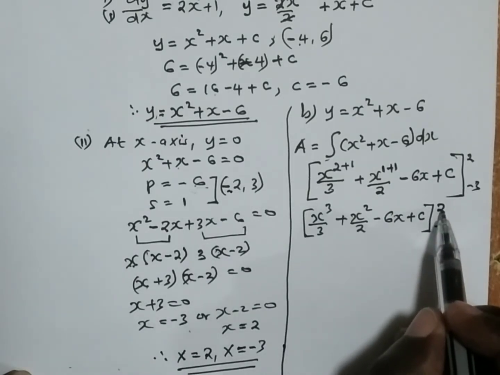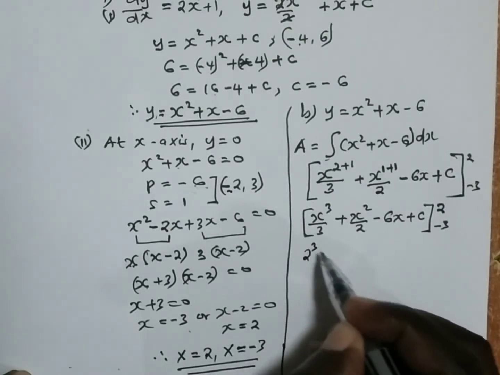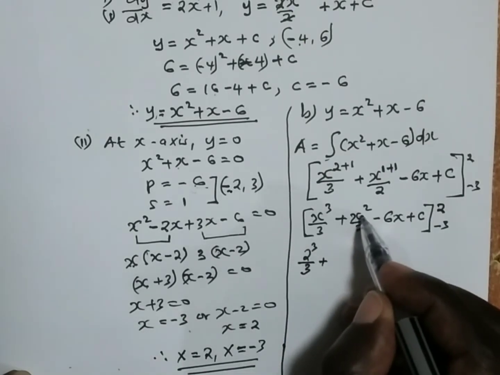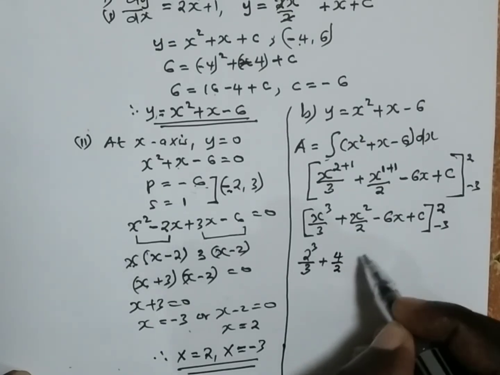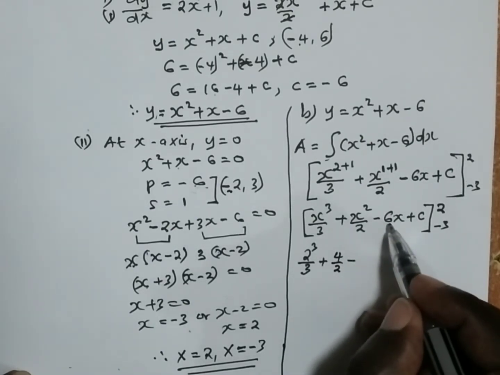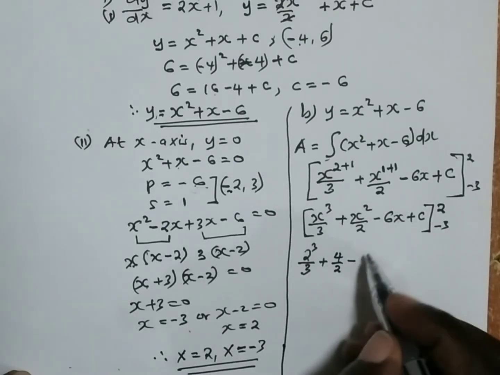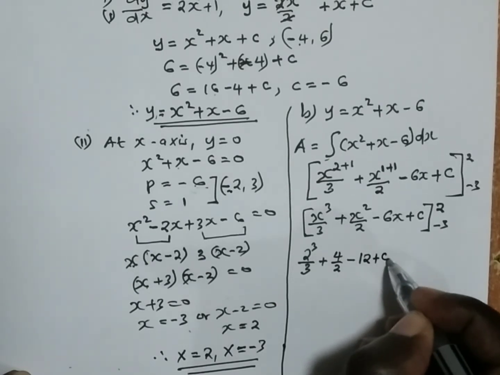So when the value of x is positive 2, we are going to have 2 cubed divided by 3 plus x is 2, we square, we get 4, then everything divided by 2, minus, we have negative 6 times x, and x is positive 2, so we are going to have minus 12. Then we add c.